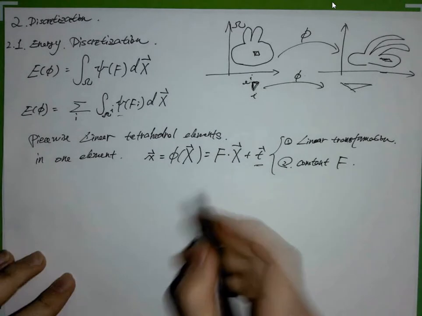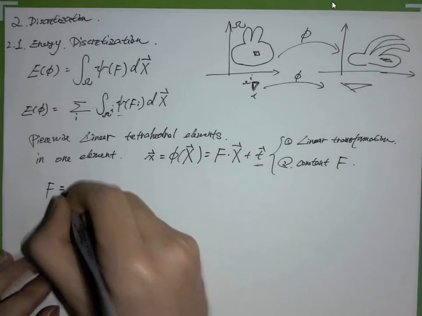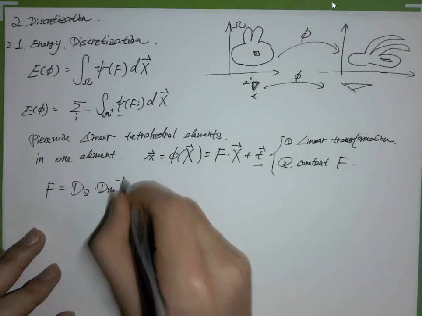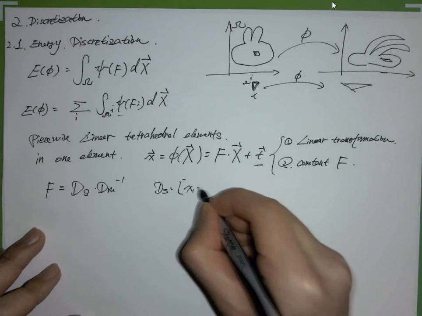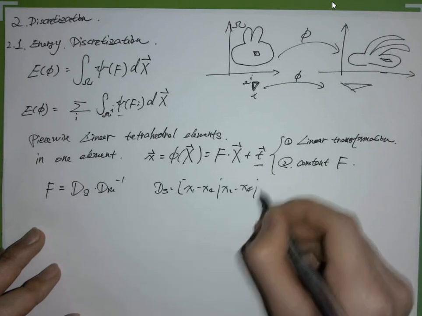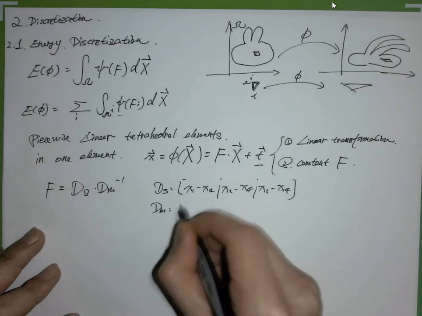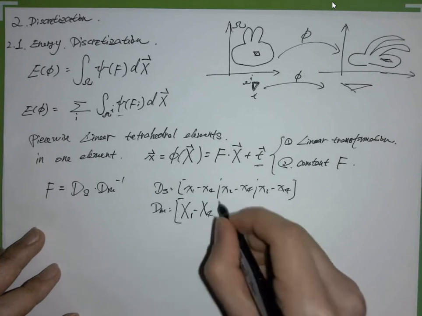After that, we know that we can compute F equals Ds multiplied by Dm inverse, where Ds is x1 minus x4, x2 minus x4, x3 minus x4, and Dm is the same thing, the edge matrix in its material space, in its rest pose.